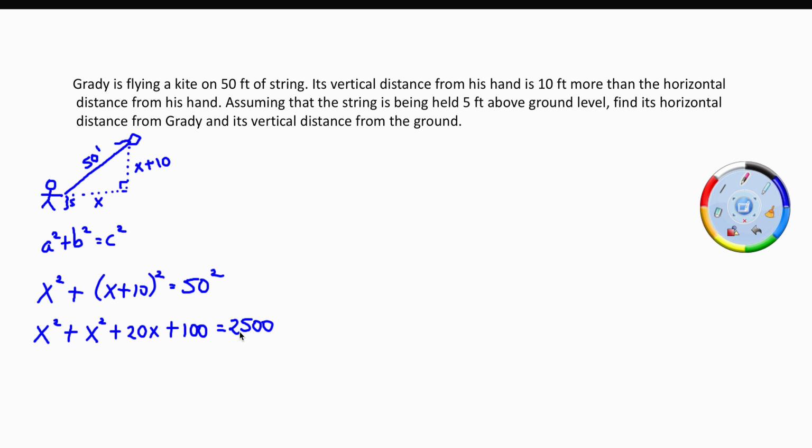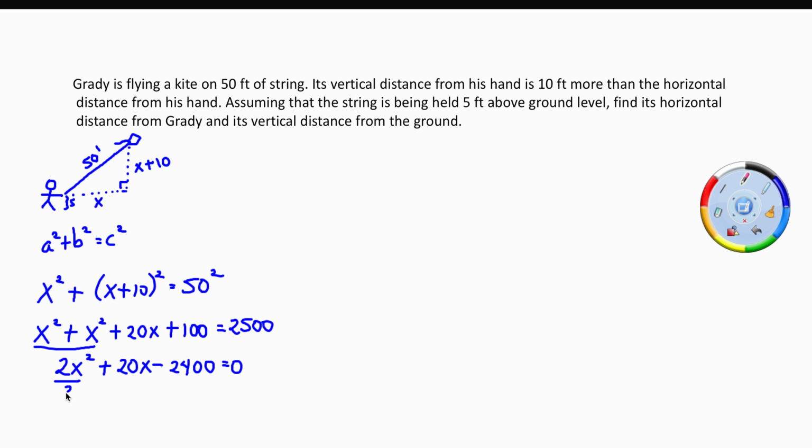I want it set equal to 0 because I can't use the square root method, so I'm going to try to factor it. So combining like terms, I have 2x squared plus 20x, subtracting 2,500, minus 2,400 equals 0.